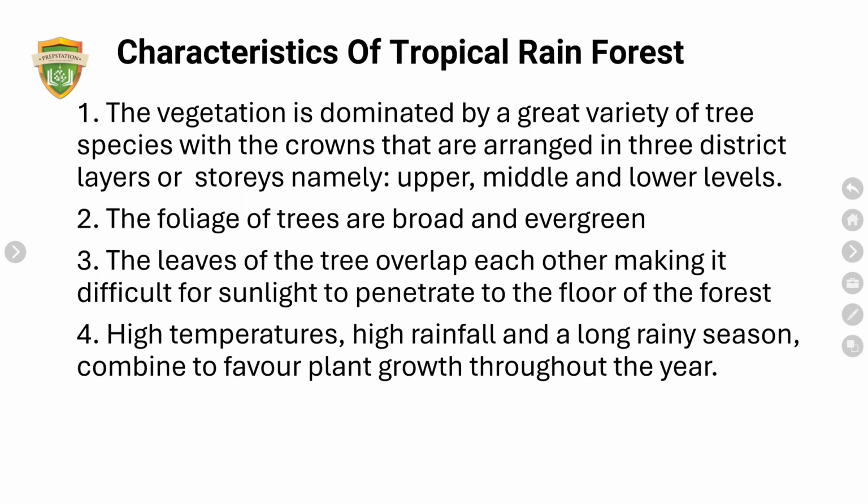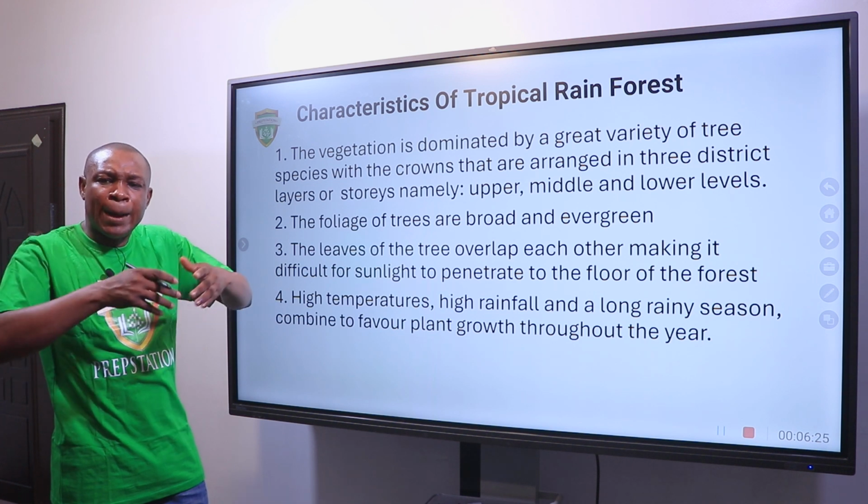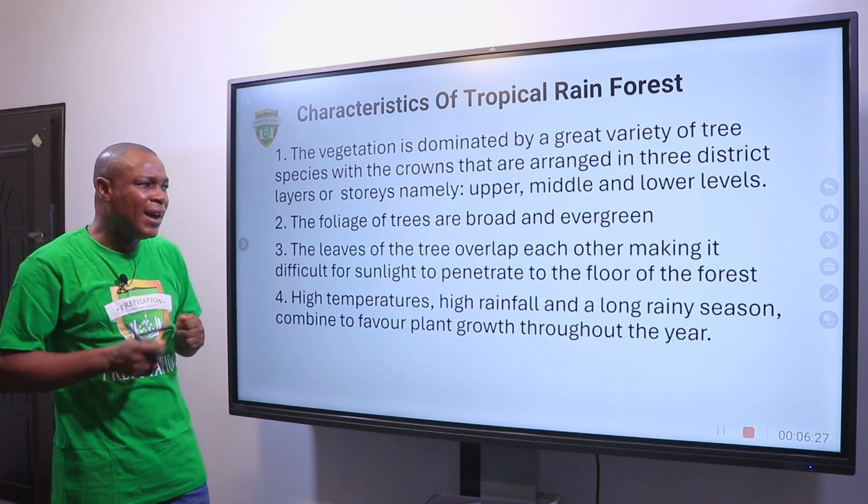We have the middle layer where you have trees within the middle range. And then you have the ground layer. The foliage of these trees is broad and evergreen. The leaves these trees have are broad and always evergreen.